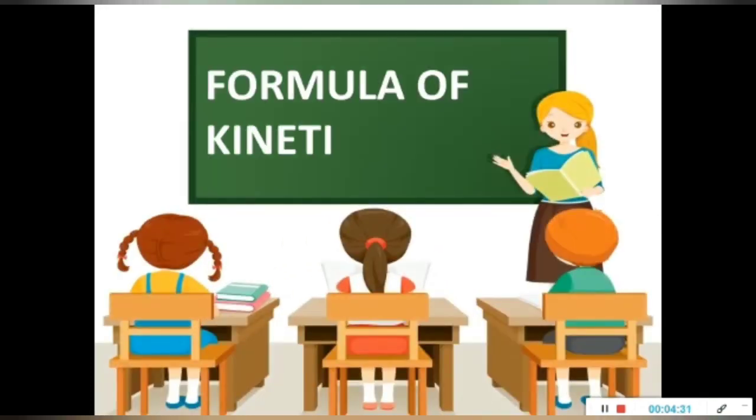Now let's see the formula of kinetic energy. Suppose you have a ball of mass m and it is at position A. The ball is at rest, that is, the initial velocity is 0. If someone pushes, the ball moves and comes to point B, and now it is at final velocity v.